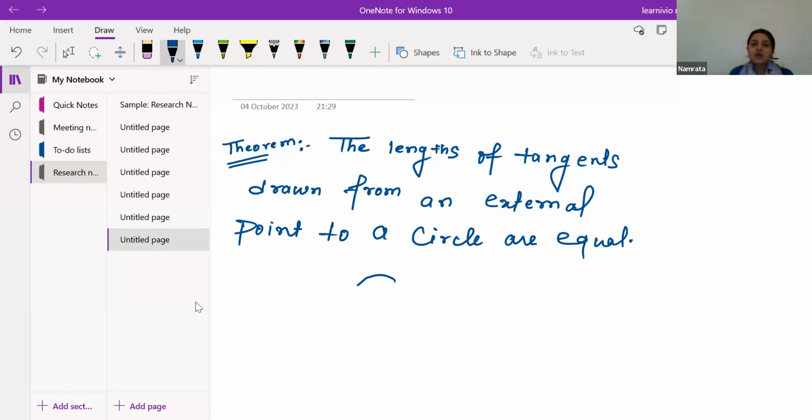So if we are drawing a tangent, suppose we are having a circle like this, and an external point. The external point can be anything. Suppose we are drawing a tangent like this.